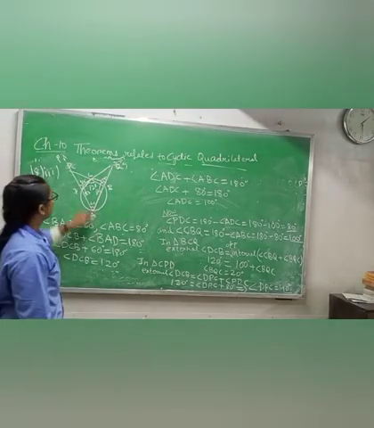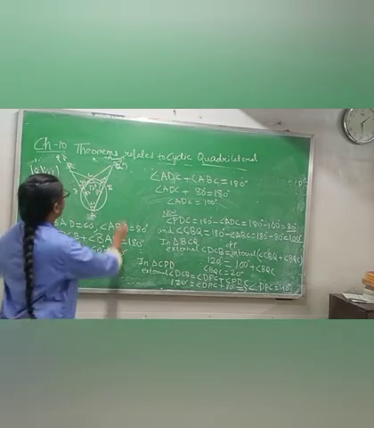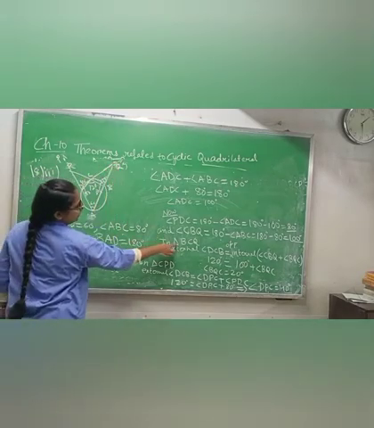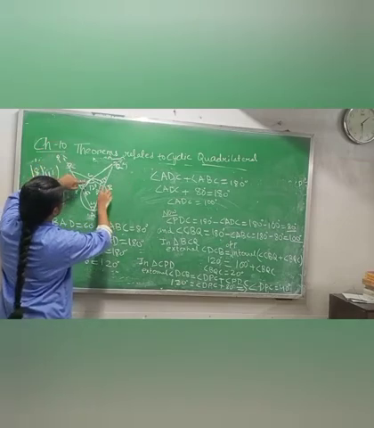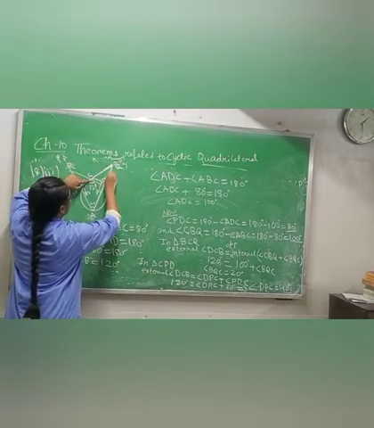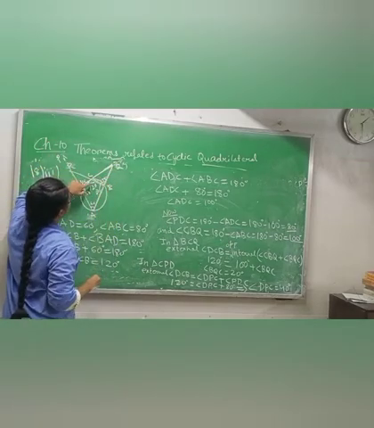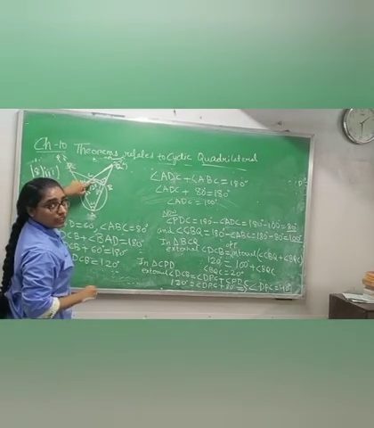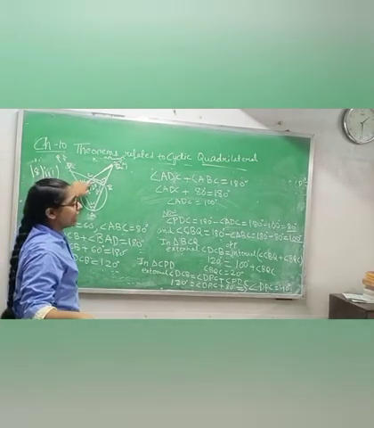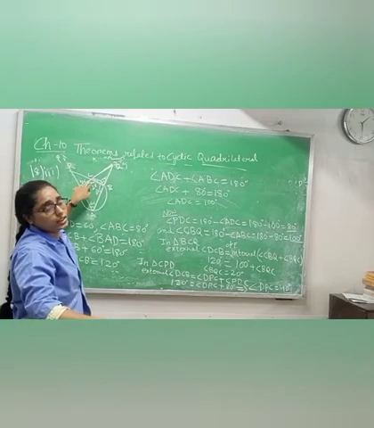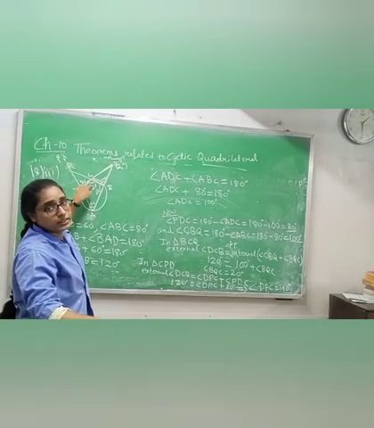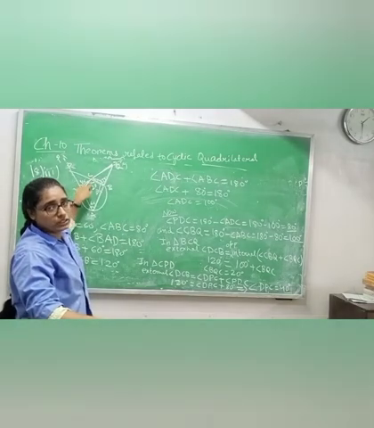How will you find it? See, in this triangle, what is the name of the triangle? BCQ. In this triangle BCQ, which one is the external angle? This one is the external angle, and we know that in a triangle, the external angle is always the sum of the opposite internal angles.